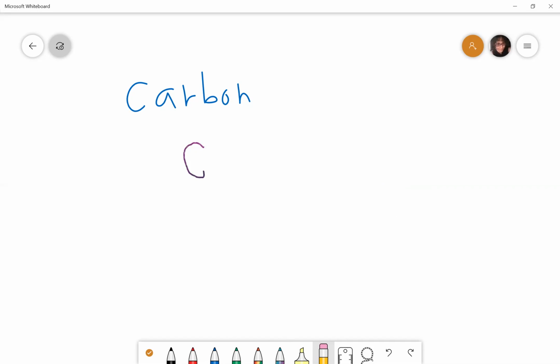So just so we have more room, if we're talking about carbon as being element 6, we're going to write the atomic number at the bottom, like a subscript to the chemical symbol C from the periodic table, and the atomic mass will be written above.